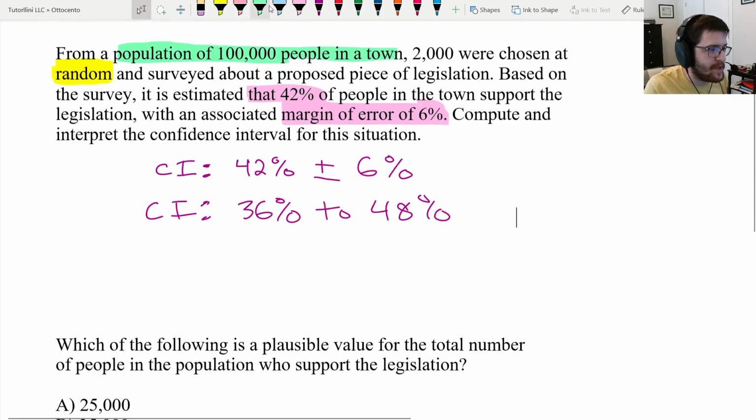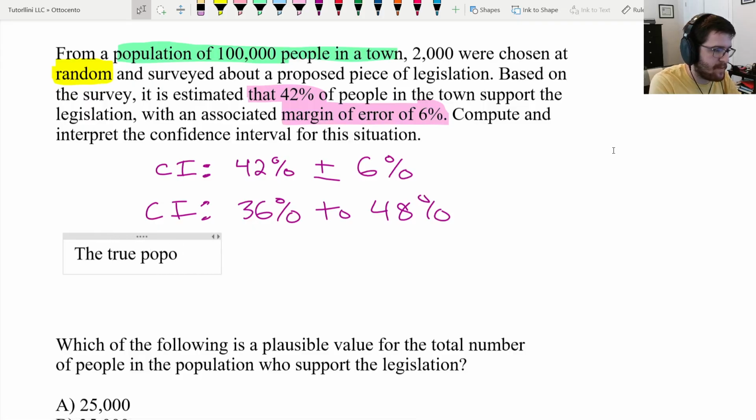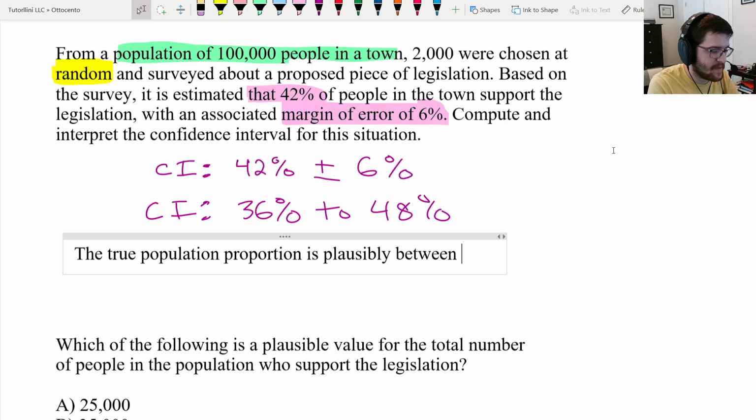Now it wants us to interpret it. So we're going to say something like this, the true population proportion is plausibly or likely between 36% and 48%.